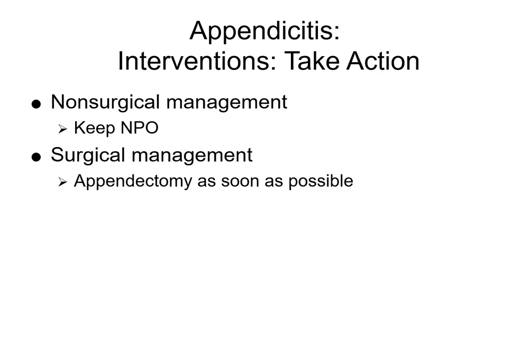Now the surgical management is, of course, we've held that patient NPO. Once we determine that there's definitely something going on with the appendix, maybe it's perforated or a very hot appendix, then they're going to do an appendectomy. The way that it's going to be done is through the laparoscope.